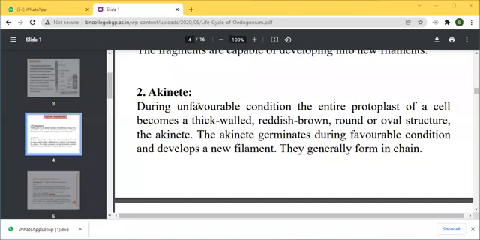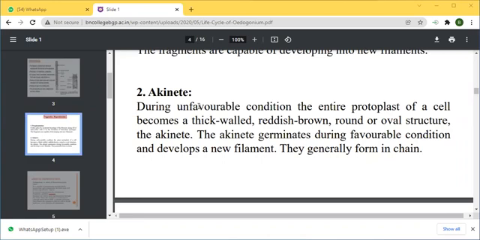That time is called the unfavorable condition. In that unfavorable condition, the entire protoplast of the cell forms a very thick wall. The color turns reddish brown, round and oval in shape. These are called akinetes. The akinetes germinate during favorable condition.